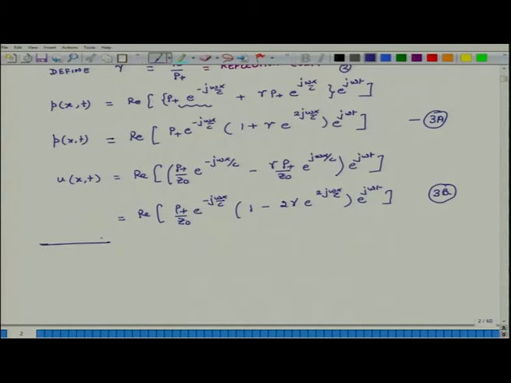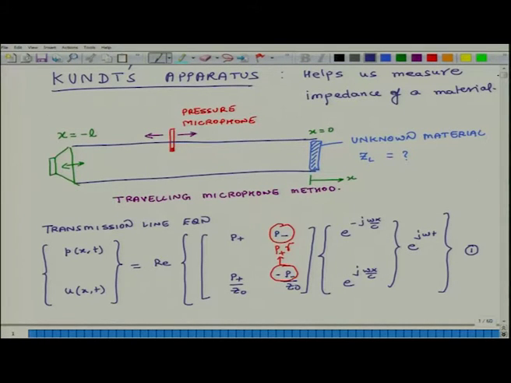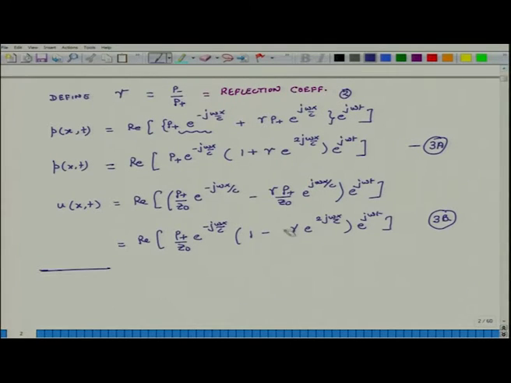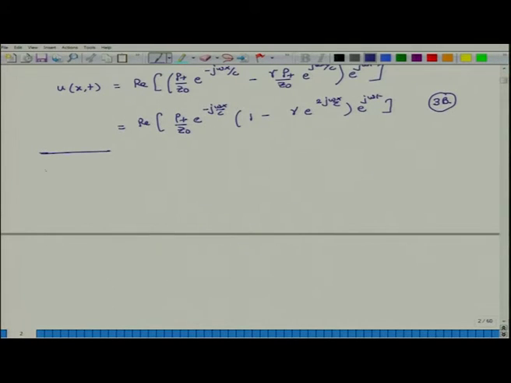So, what is the boundary condition in this apparatus? That at x is equal to 0, the impedance of the system is ZL, which we do not know, but it is some number, and it is ZL. Okay. So, at x is equal to 0, we will evaluate the pressure and velocity.